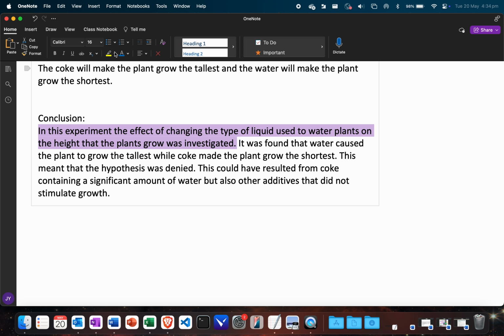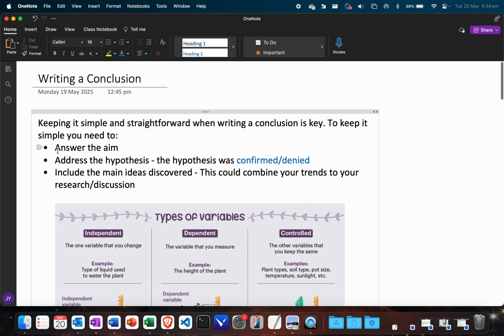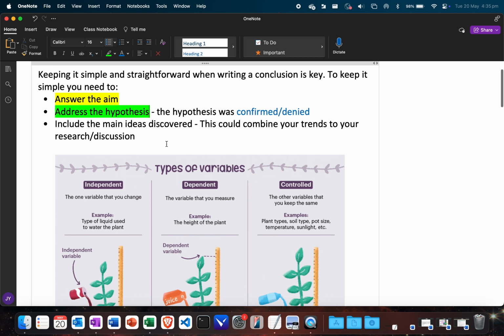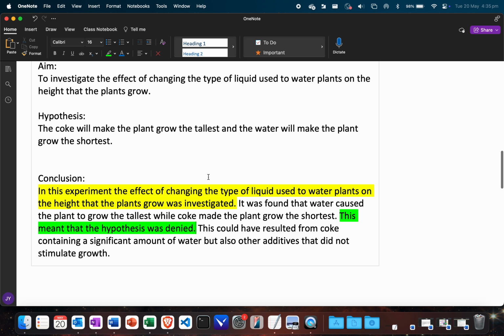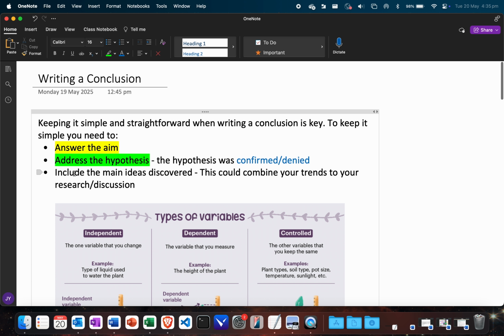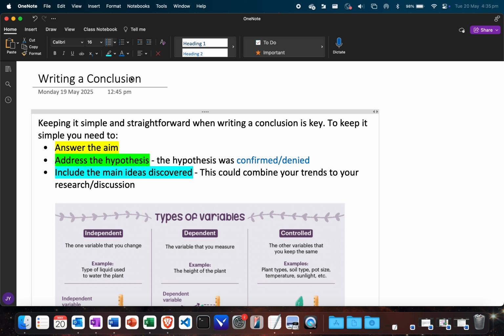So in fact, let's make it super clear how I have done this. In yellow, I answered the aim. In green, I addressed the hypothesis. And then, including the main ideas covered, let's put that in light blue.